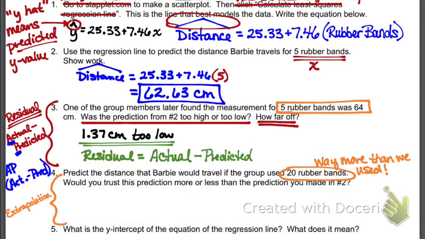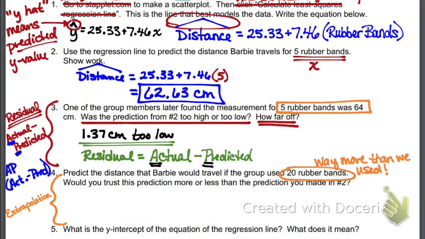So an easy way to remember which one comes first, because with subtraction, order really matters. What class is this again? AP Stats. A, P. A minus P. AP for our residual. So we're going to do the actual minus the predicted here.